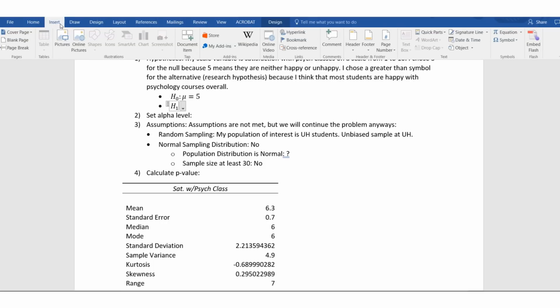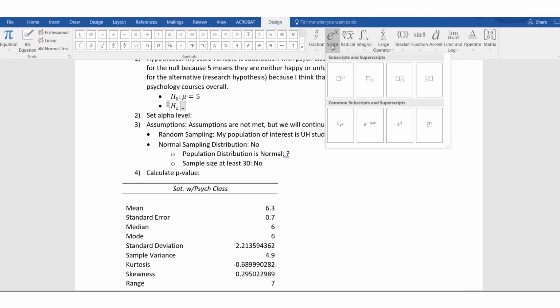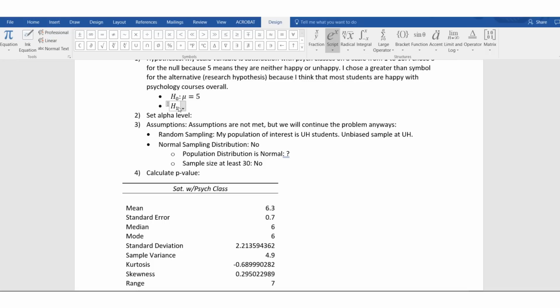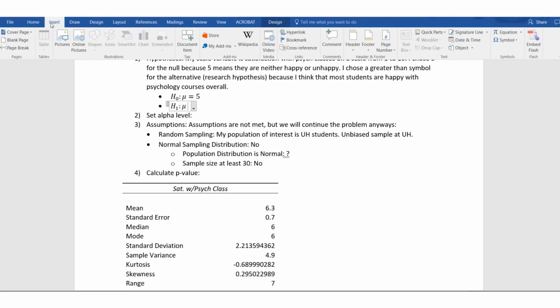You can also go here and click this subscript if you want, if you don't want to do the shorthand. And then mu, oops. To get mu, you can do this. So \mu, or you can do insert symbol here and find it there.